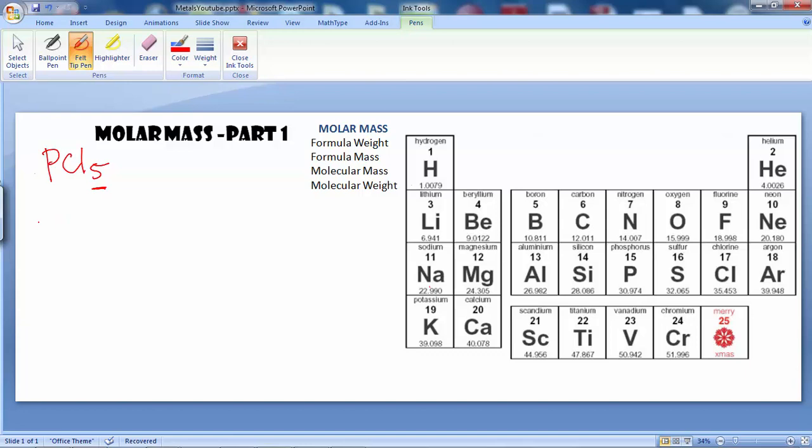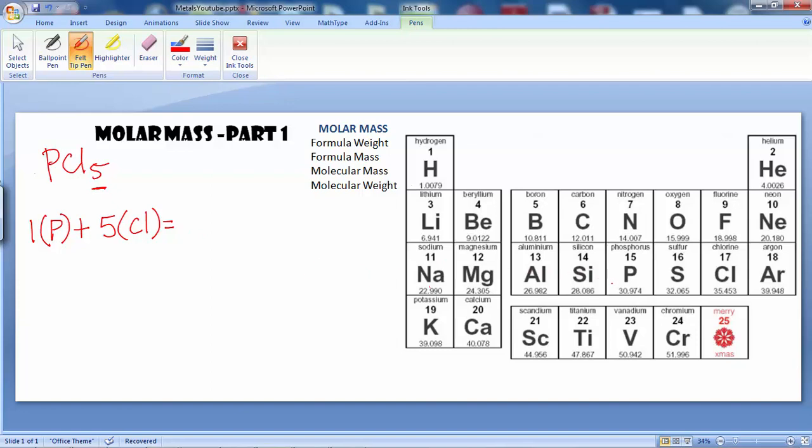So let's calculate the molar mass of it. So we have 1 phosphorus atom plus 5 chlorine atoms.